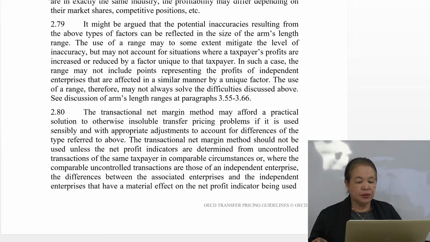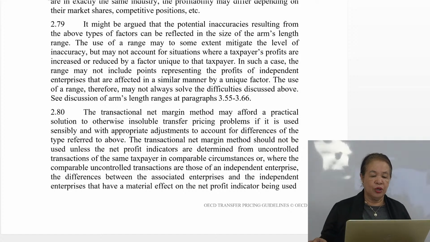So the transactional net margin method may afford a practical solution to otherwise insoluble transfer pricing problems if it is used sensibly and with appropriate adjustment to account for differences of the type referred to above.